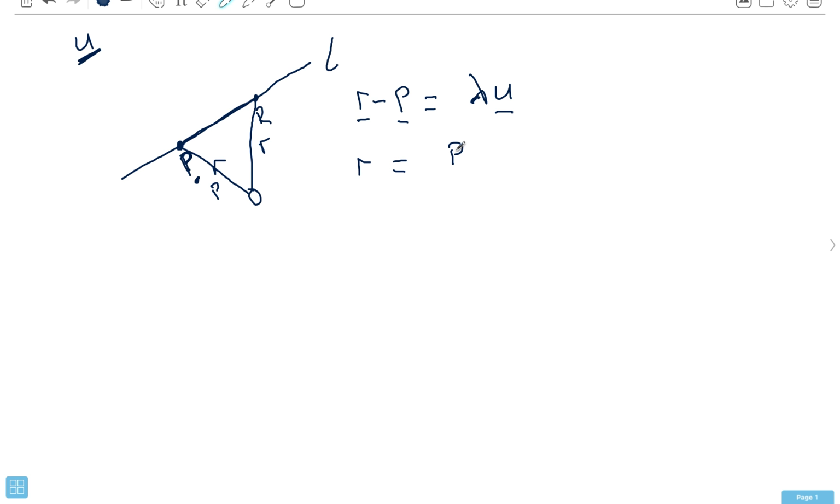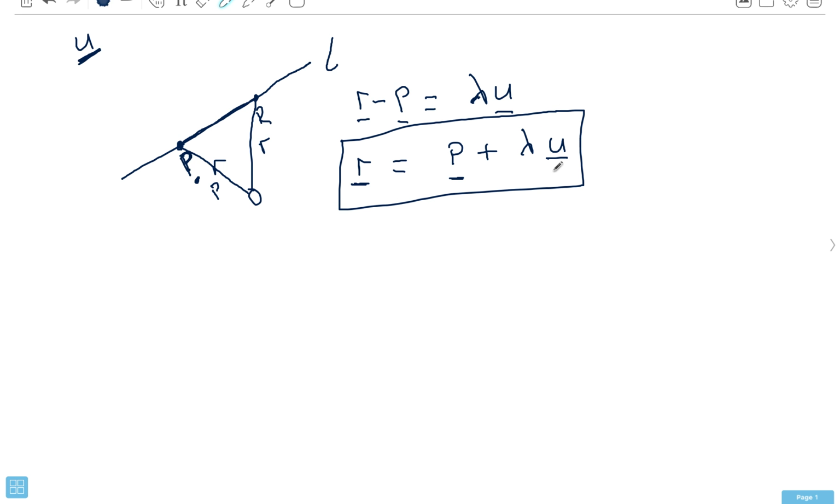Hence R is equal to P plus lambda u, where R is some point that could be on the line, P is some point that the line L passes through, and u is in the direction of L. And this is the vector equation of a line.